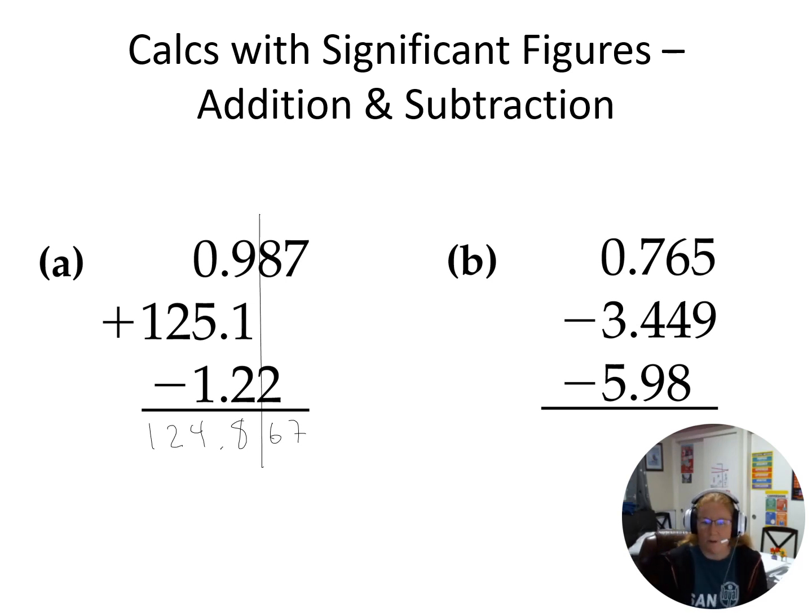Okay, so my least number of decimal points is 1, so I get to keep 1 decimal place. So when I look here, my number to the right of the 8 is the 6. 6 is 5 and above, so in this situation, we would round up on the 8. So I'm going to get 124.9 as my final answer.